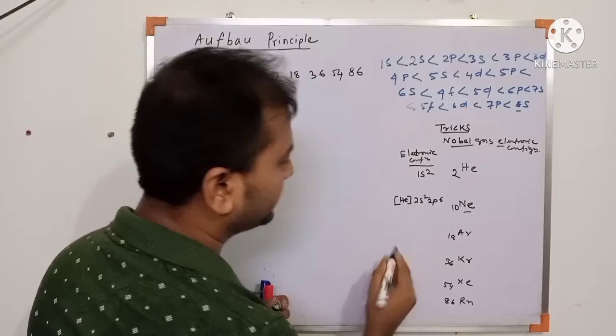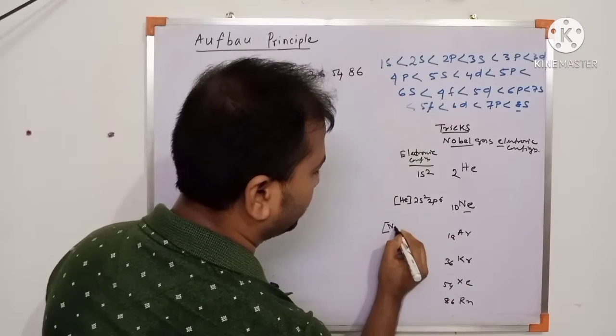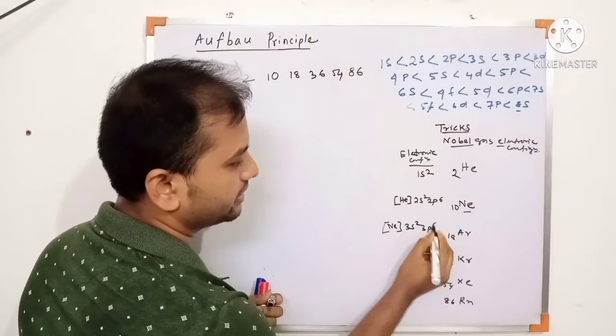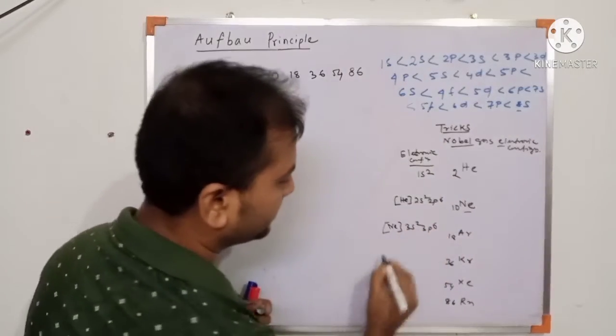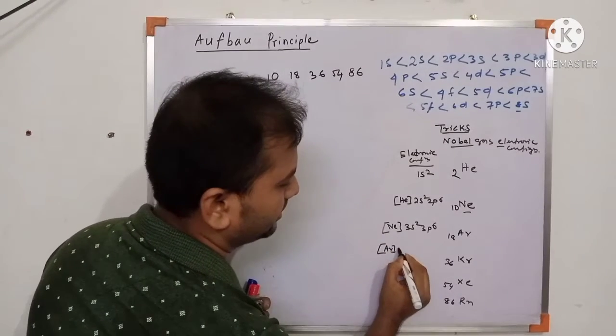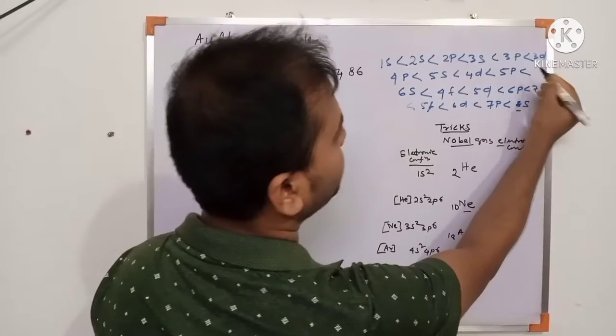Principal quantum number increases. Then argon: first neon, then 3s2, 3p6. Principal quantum number increases. Then krypton: this is argon, then 4s2, 4p6. Sorry, this is a mistake.